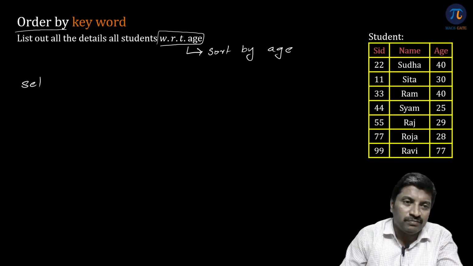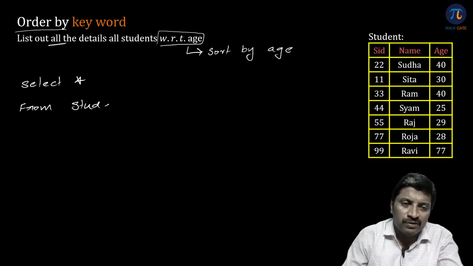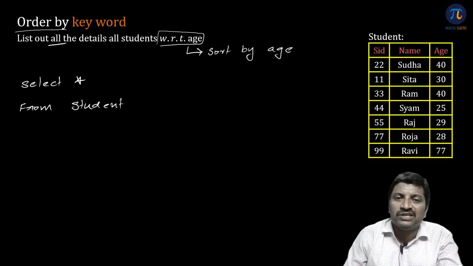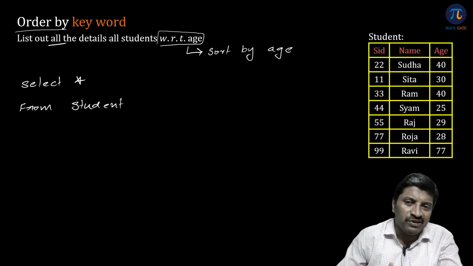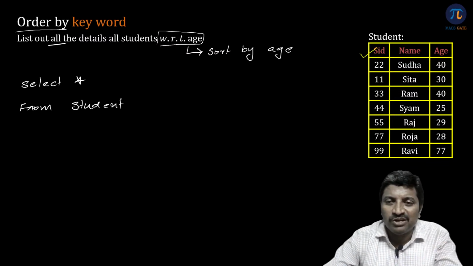So select all the details, star, from student. Any filter for records? No. Fine. Then this is the information we will get, sir. We will generally get the same table.